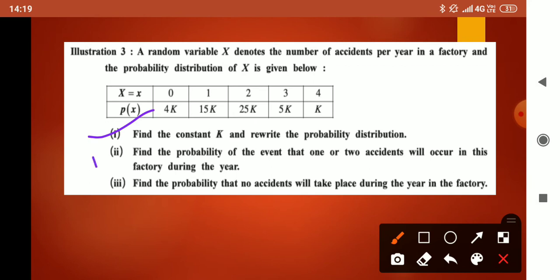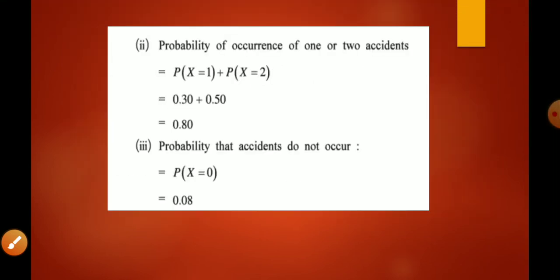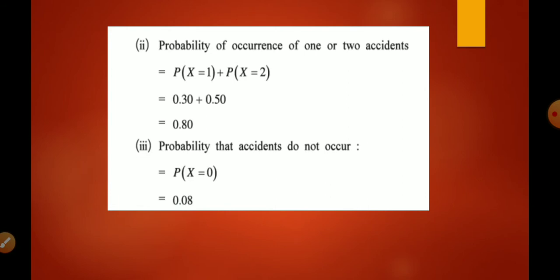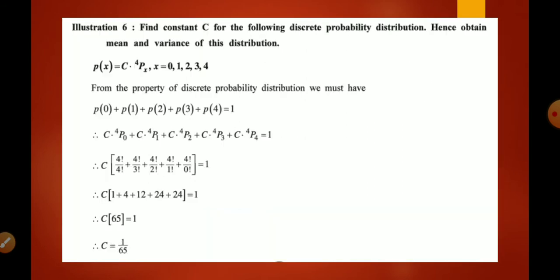Then we also found that 1 or 2 accidents will occur, P1 plus P2, and number three, no accident, that is P0. So we got the answer: k is 0.02, P1 plus P2 is 0.80, and P0 is 0.08. Let's see another example.